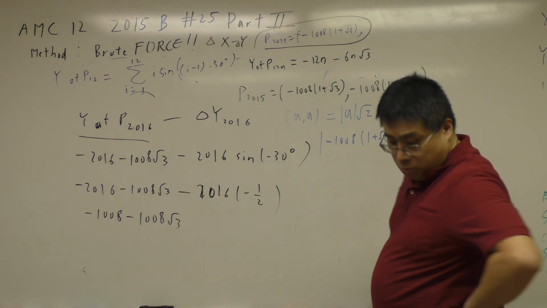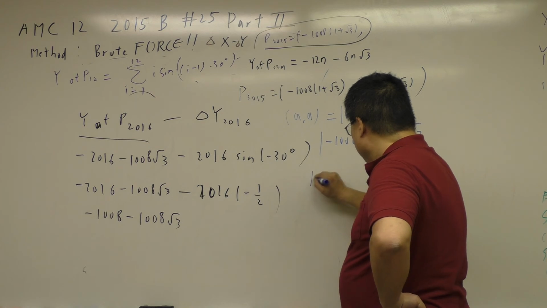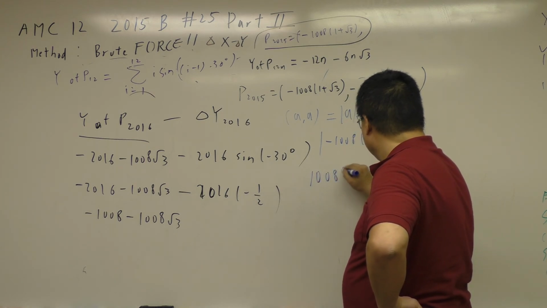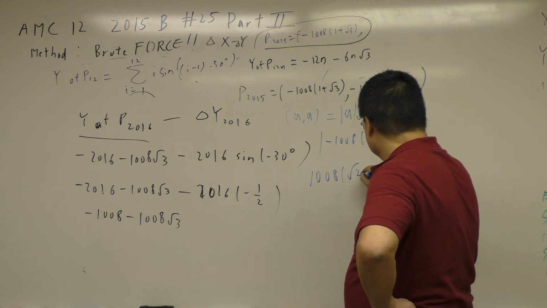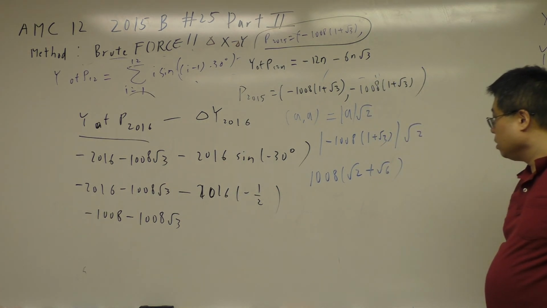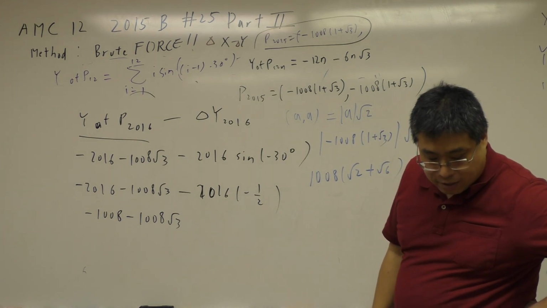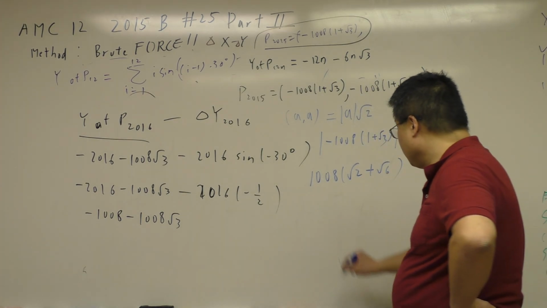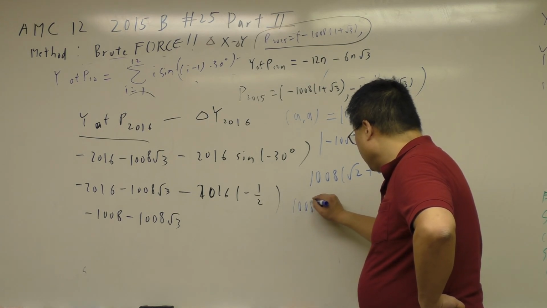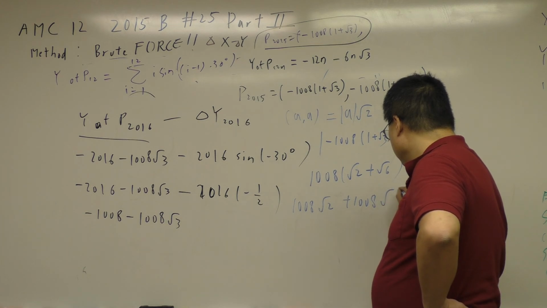We can just distribute this inside and we get our final distance, 1008, and put this in, we have square root 2 plus square root 6. So our distance written out in the form requested by the problem is 1008 square root 2 plus 1008 square root 6.